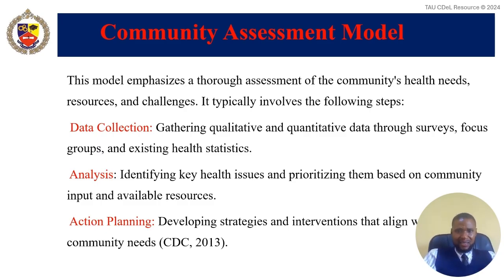You need to assess all of these things. Now you collect qualitative and quantitative data through surveys, focus groups, or existing health statistics. Then you analyze it, identifying key health issues and prioritizing them based on community input and available resources. Now, action planning: developing strategies and interventions that align with what your community needs.